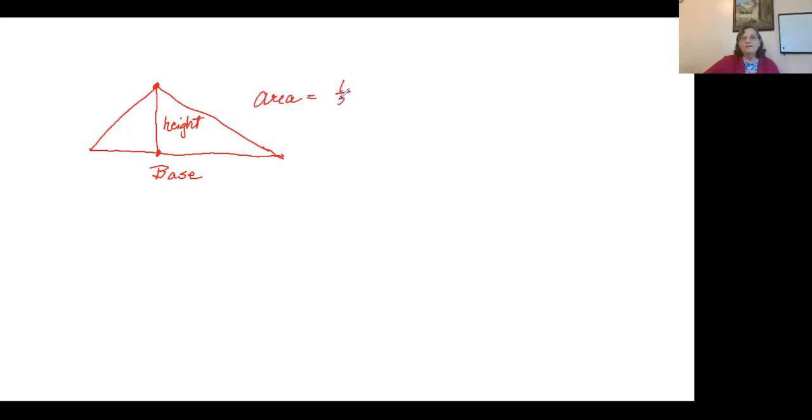And the area is going to be 1/2 times the length of the base times the height.